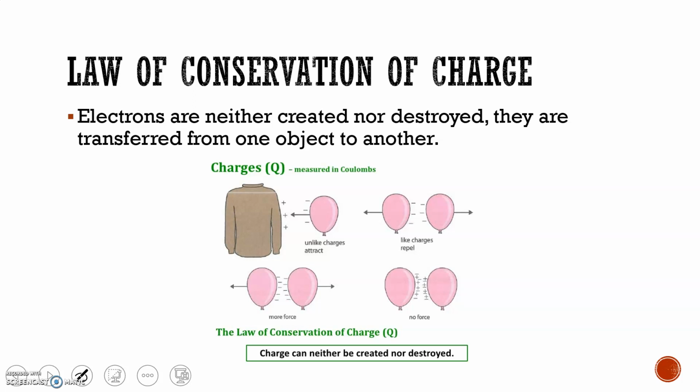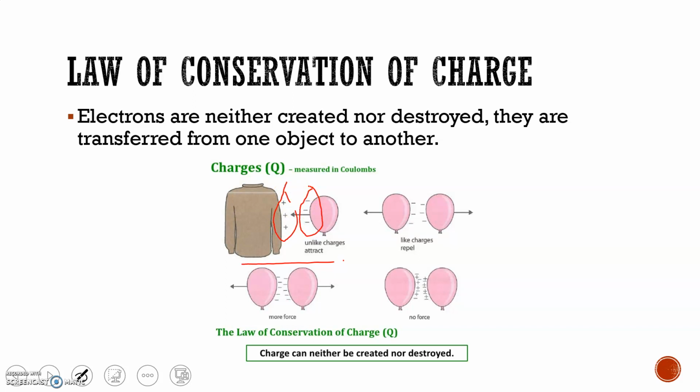For example, if you rub a sweater and a balloon together, the balloon is going to stick to the sweater because the balloon gains some of the sweater's electrons, and that means the sweater becomes positively charged. The balloon gained electrons, so it became negatively charged.